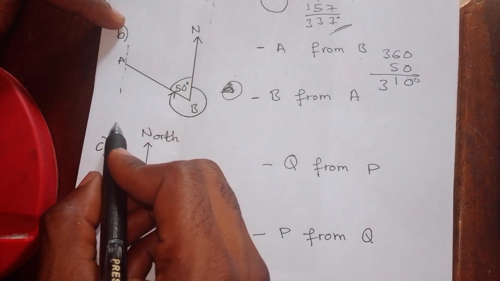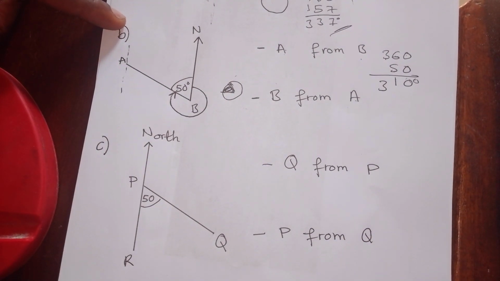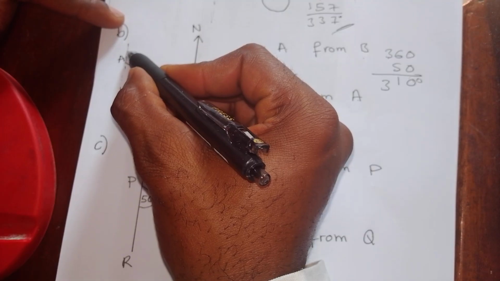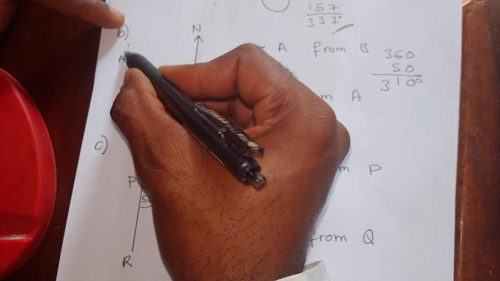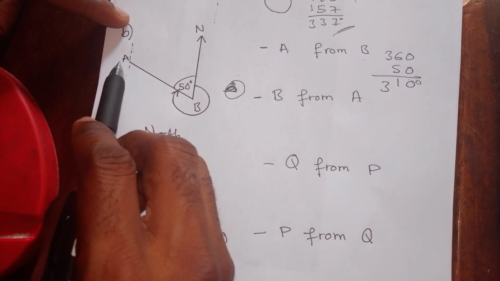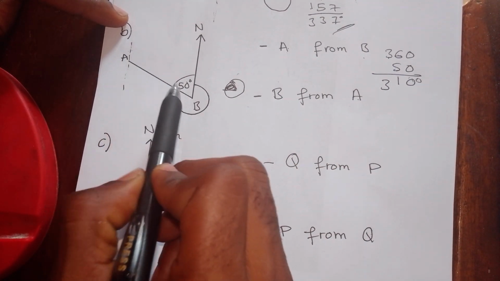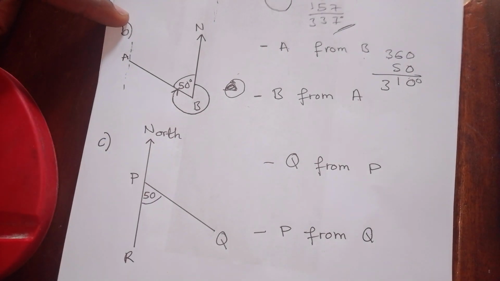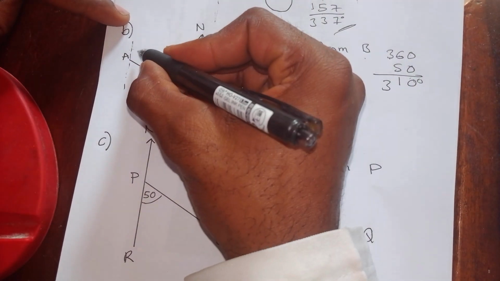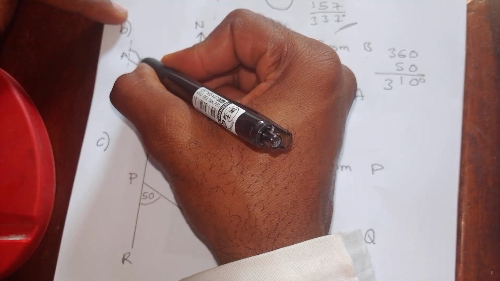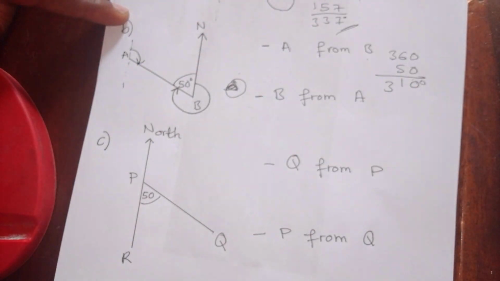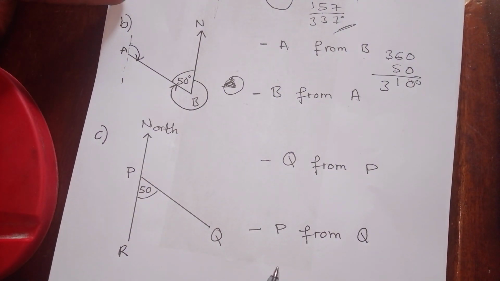Then once you draw this line, draw an arc starting from the north line for A, going to the line connecting A to B. So in other words, you are coming from A going to B. This is your line B. So this is the angle you're trying to find.